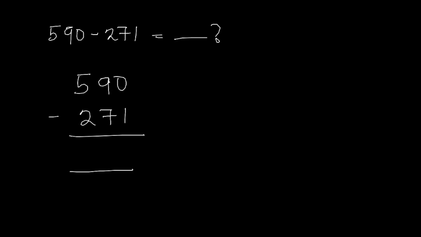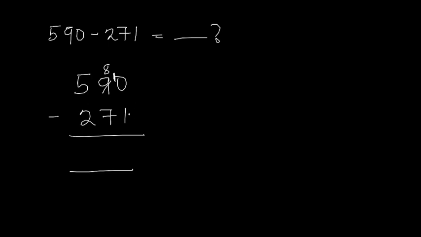If I borrow 1 from here, I'll be left with 8, and I bring down 1 to the 0 over here. That 1 and then the 0 becomes 10, because the number you borrow onto the previous number is 10. So the one I borrowed from the 9 over here is 10. If I bring it to the ones column, it becomes 10 plus 0, which is 10.